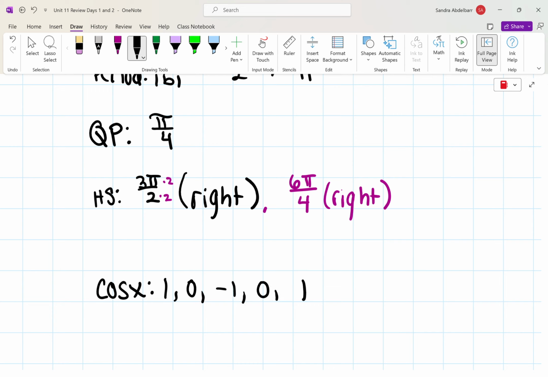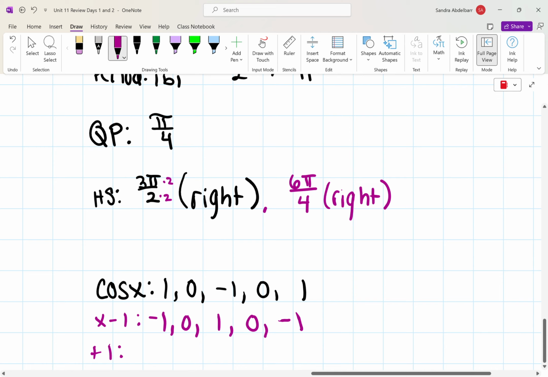And then from there, am I multiplying by anything? Good, so if we're multiplying by negative 1, that would be negative 1, 0, positive 1, 0, negative 1. Am I adding anything? 1. Yep, we're adding 1, so plus 1, which will bring us to 0, 1, 2, 1, 0.